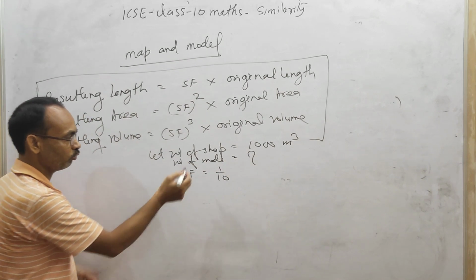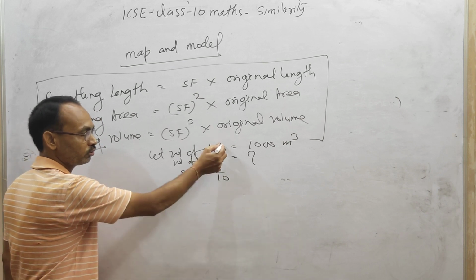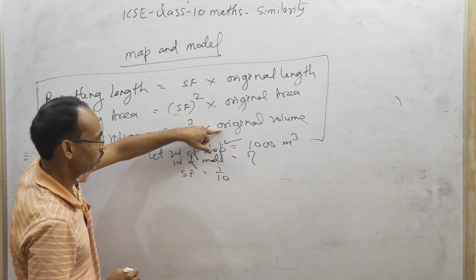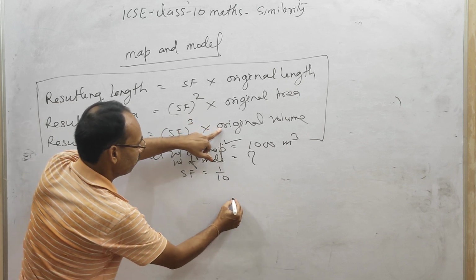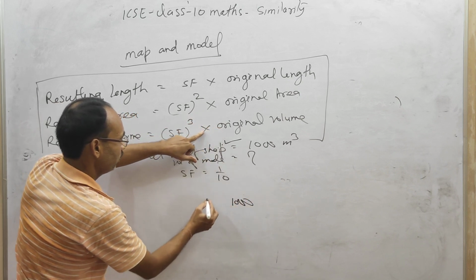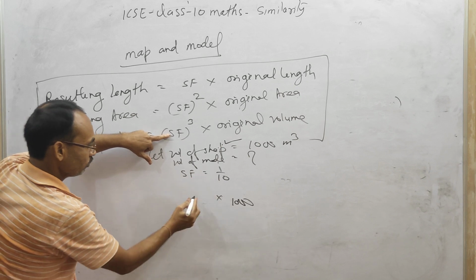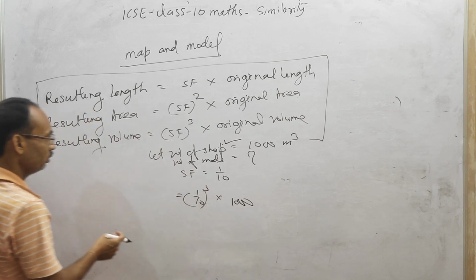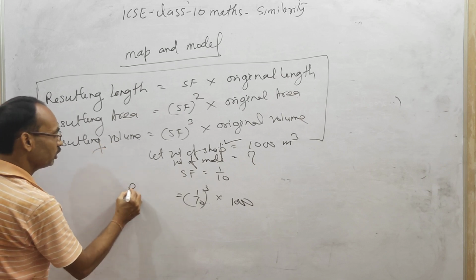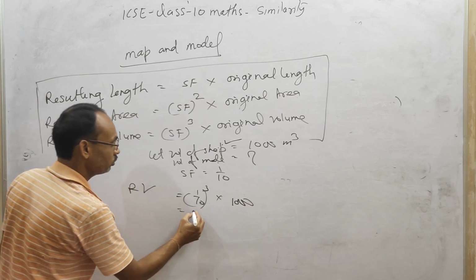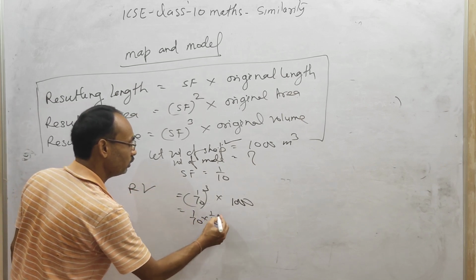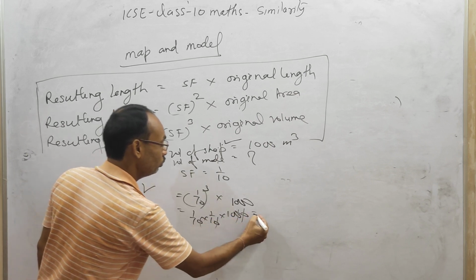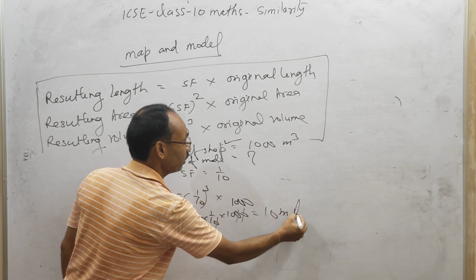What is the original volume? Original this or original this? This is the original. So the original volume is given as 1000, and the scale factor is 1 upon 10 cube, and the resulting volume is equal to 1 upon 10 cube into 1000, which is 1 meter cube. That is the answer.